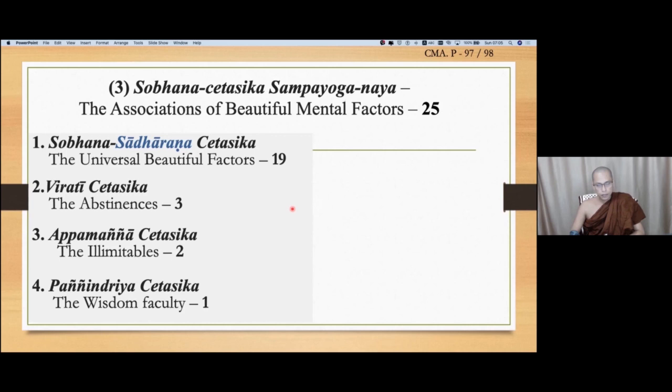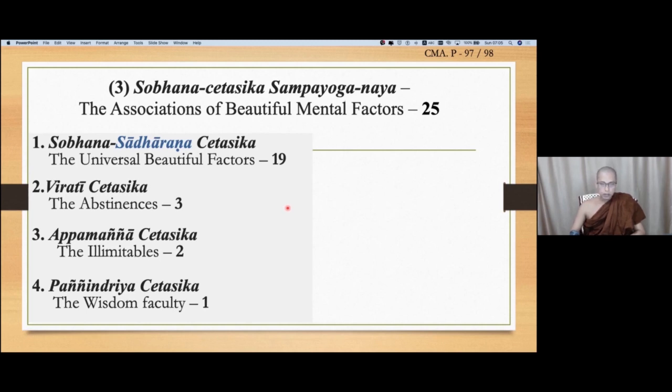Then the third group, Appamanna Chittasikas, 2 illimitables: first one is compassion, Karuna, and second one is sympathetic joy, Mudita. Then the fourth group is only one, the Pannindriya Chittasika, the wisdom faculty.